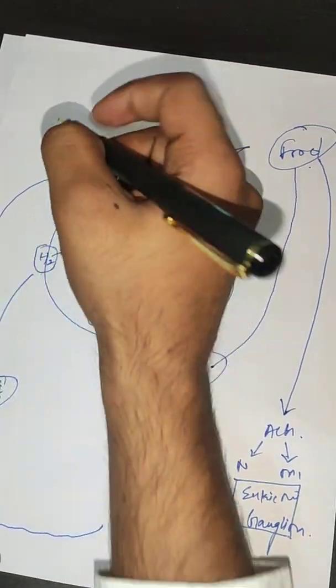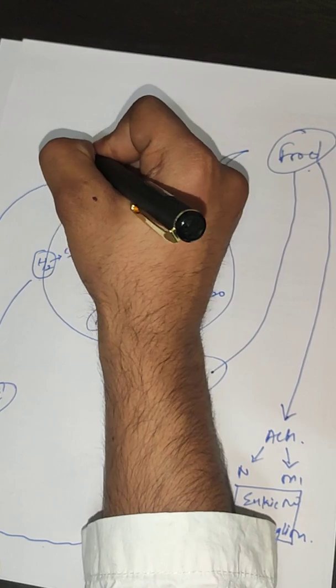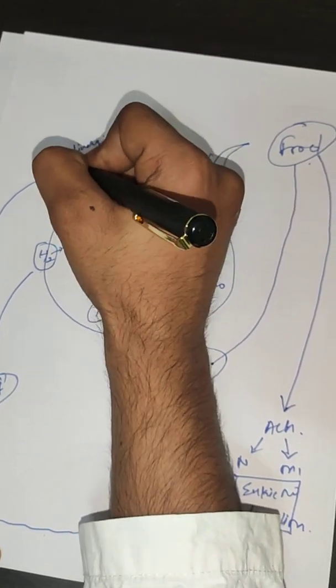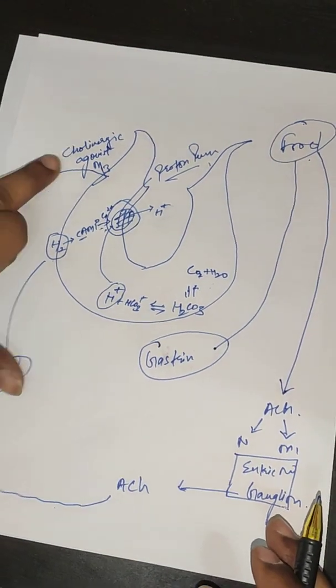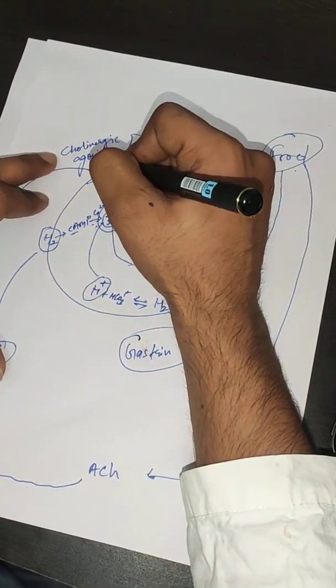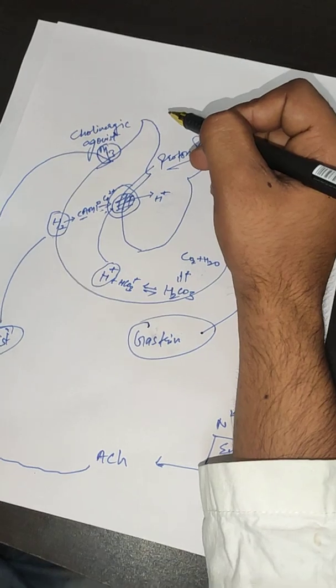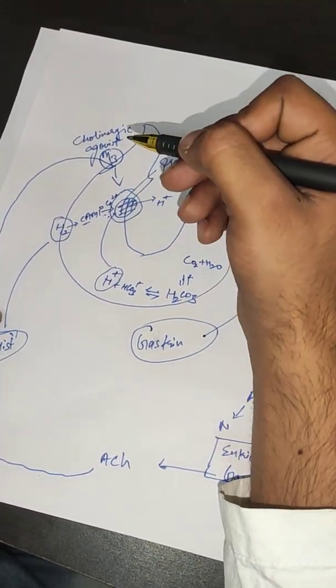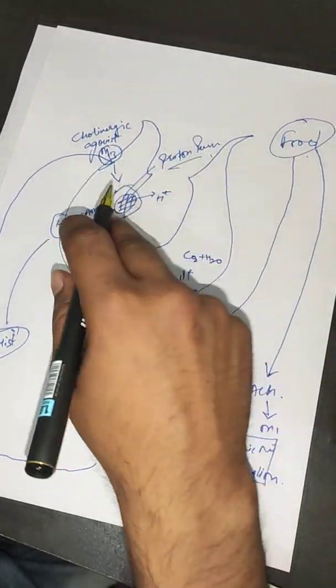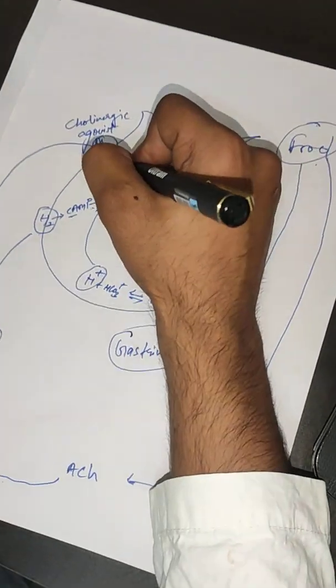This is a cholinergic agonist, and this cholinergic agonist at the M3 receptor also activates the proton pump by calcium ion.